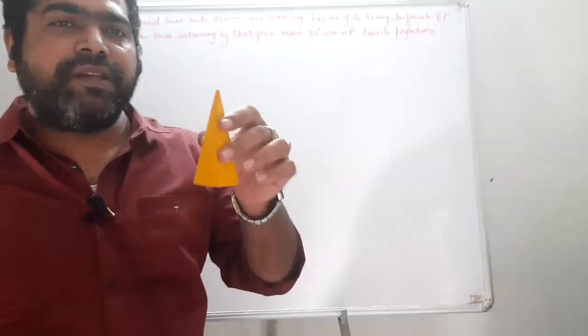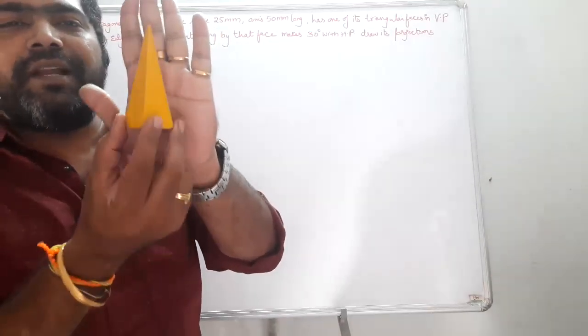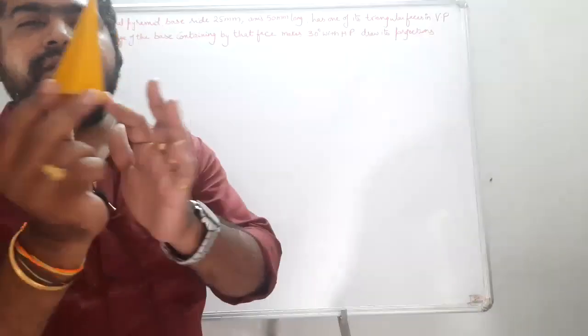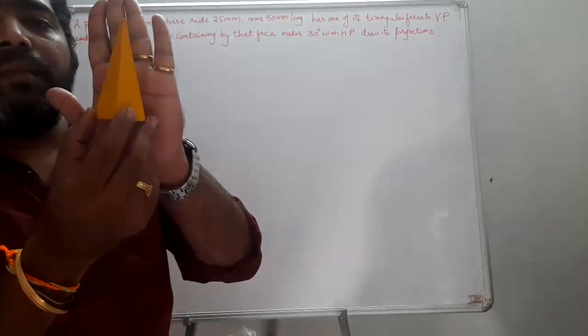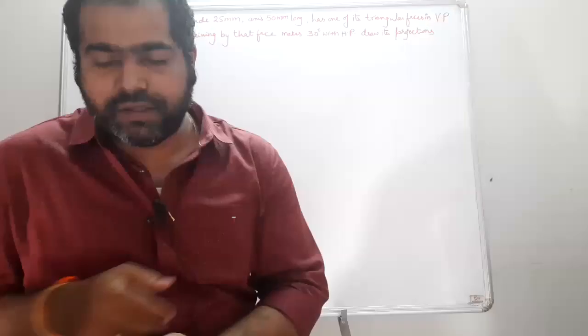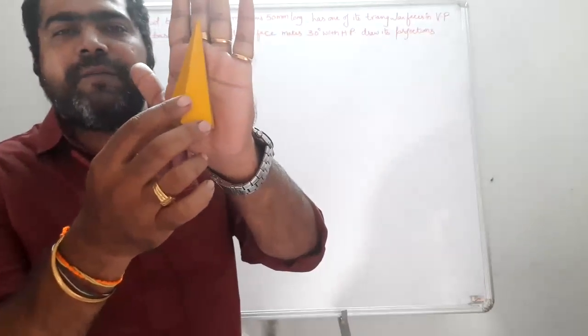So you may have a doubt. Why don't we just directly take one of the triangular faces and put it like this? If you consider the face, it is going to be parallel to this face and touch the VP.